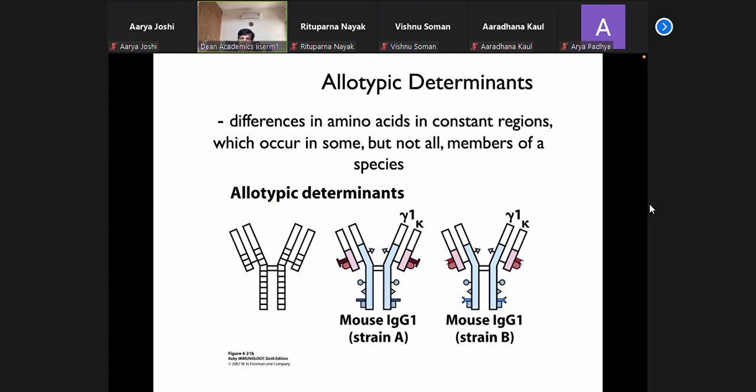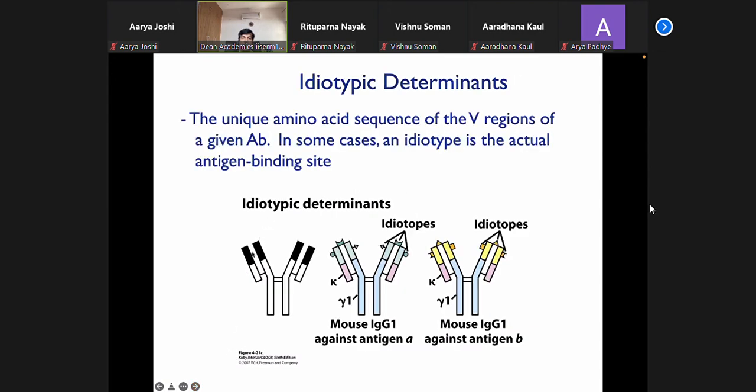And finally, you have the idiotypic determinant, which is present in the variable region, which is basically shown here. What do you call this portion which binds to the antigen? Paratope, right?